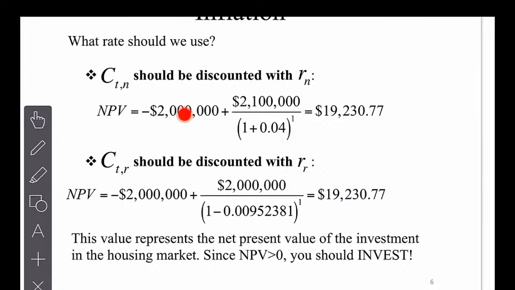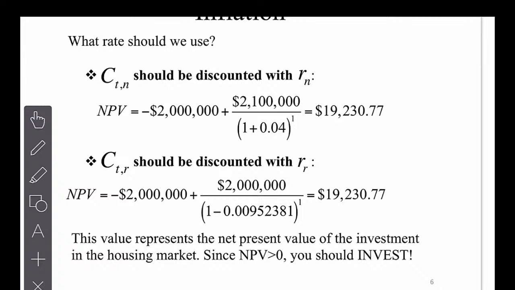So these are the nominal values or nominal dollars. I could sell this home for $2,100,000 next year. You have to think about it that way. So that's the value of it. Now I'm going to discount it at 4%. So this is the NPV of purchasing the home in nominal dollars.